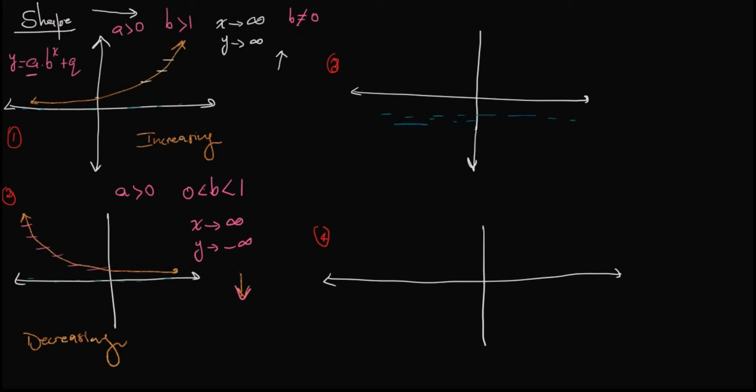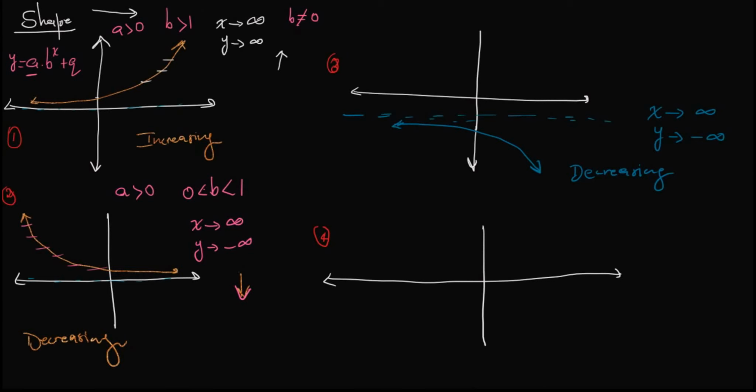So we're going to be looking at a decreasing function looking like that. We notice that this graph is decreasing. Why? Because as x approaches infinity, y approaches negative infinity. So this is a decreasing function.